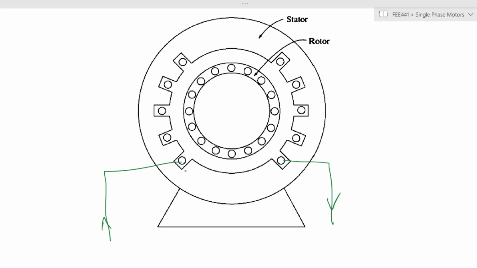With a voltage applied, if the currents are flowing into the winding on that side and out on the other end, in this cross-section of the motor the resultant magnetic field would be in the downward direction.